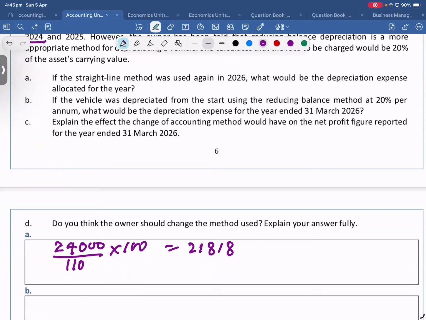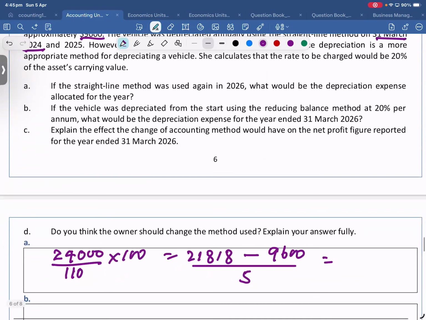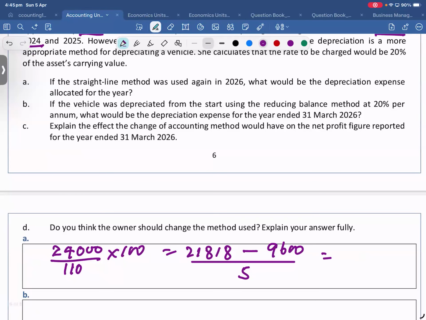From this one, you take away 9,600, and then over 5, which is 2,444.